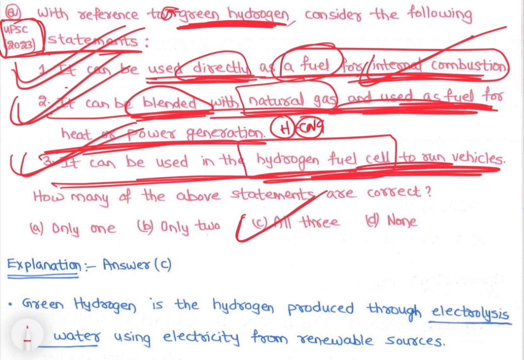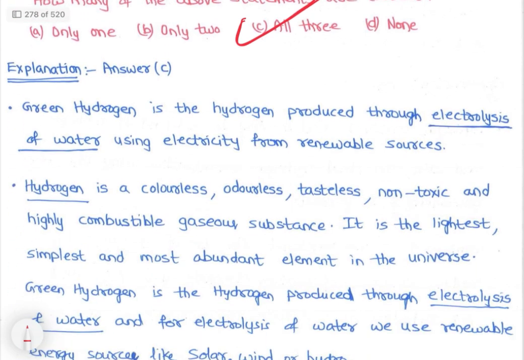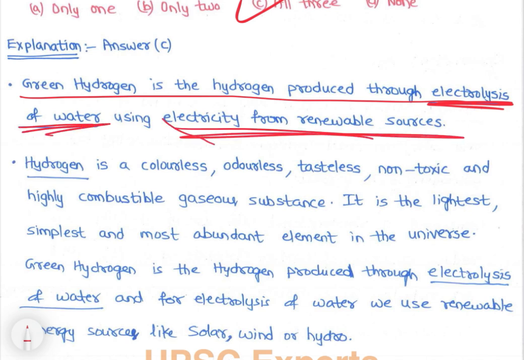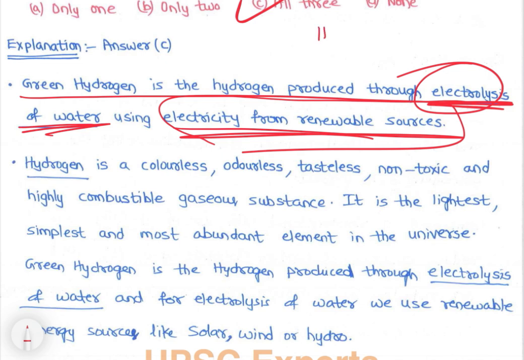So अब देखो 2023 में question, right? So now let's see the explanation. See, green hydrogen is hydrogen produced through electrolysis of water using electricity from renewable energy. So green hydrogen is electrolysis, water से H2O को हमने electrolysis से break किया H2 plus O2 में, right? By using electricity of renewable energy. So that is green hydrogen.